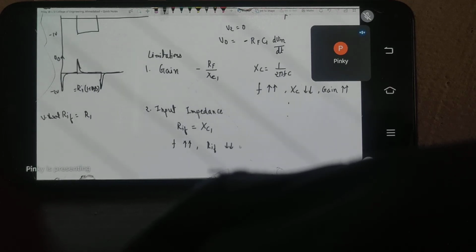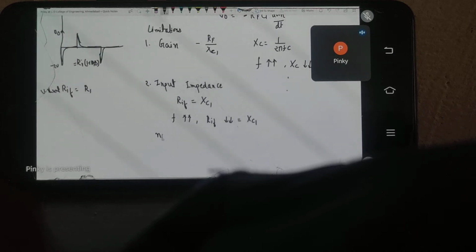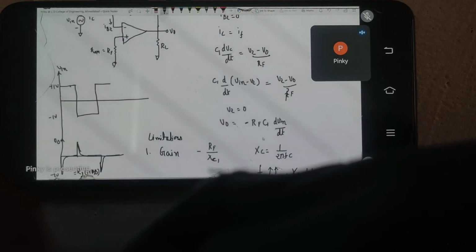What does it mean? This circuit is susceptible to noise. Why is it affected by noise? Because what is the frequency of noise? Generally, noise is a high frequency signal. For a high frequency signal, capacitive reactance is very low. So does it pass through this capacitor, or does this capacitor block the noise?